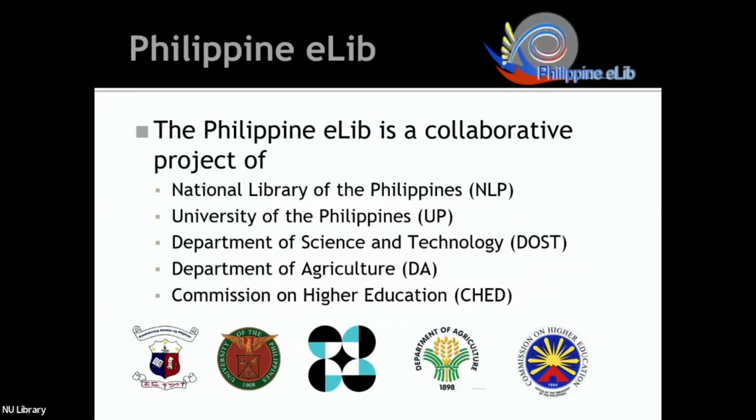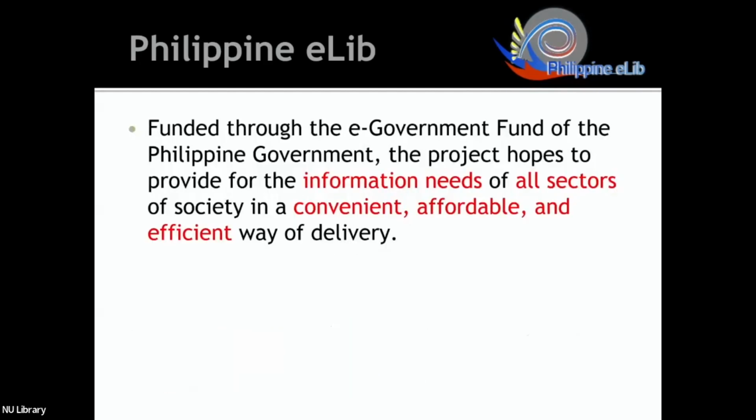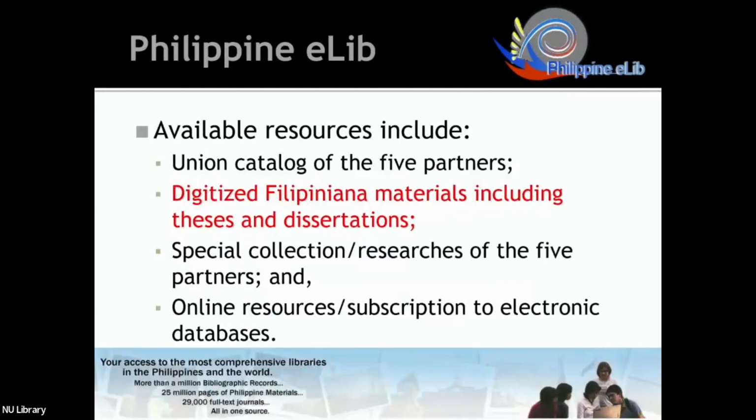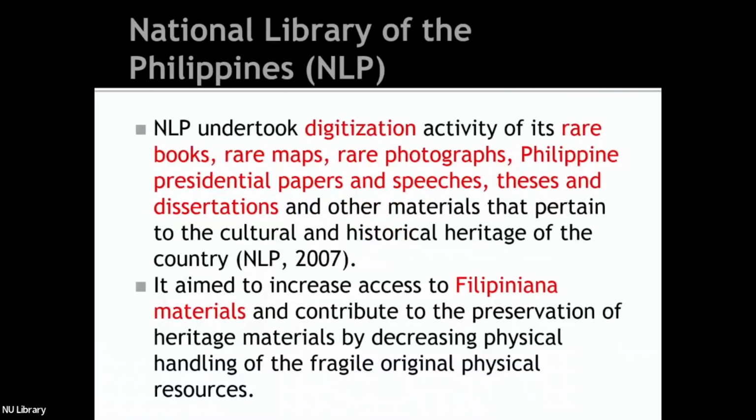This is a collaboration between NLP, UP, DOST, DA, and CHED. They target to provide the information needs of all sectors. 24 million images were targeted, and they targeted to digitize Filipiniana materials, including theses and dissertations.